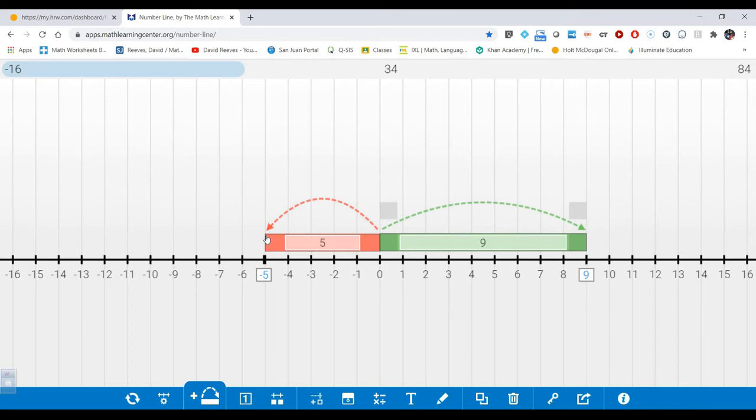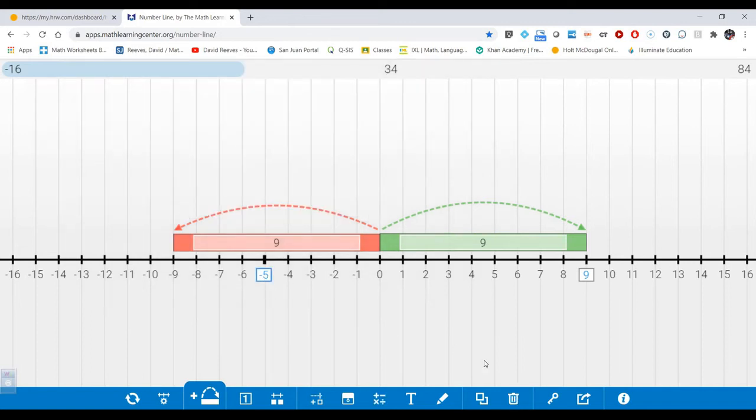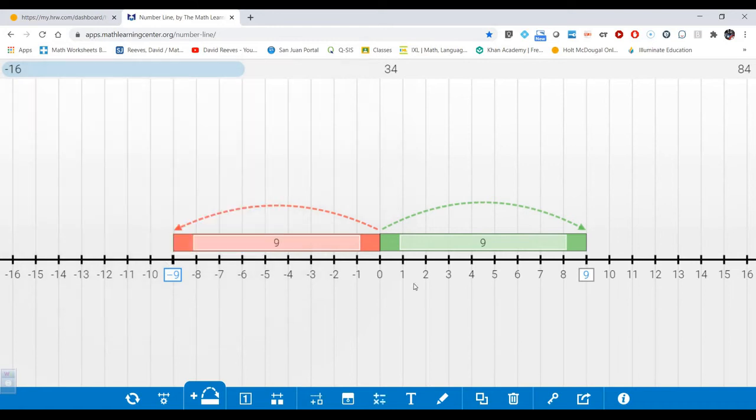So I would have to take this and stretch it the same distance away. So now what do we want? We want that to be 9, correct? And we want to get rid of that one there and instead put a number here, and that's going to be our -9. Okay?